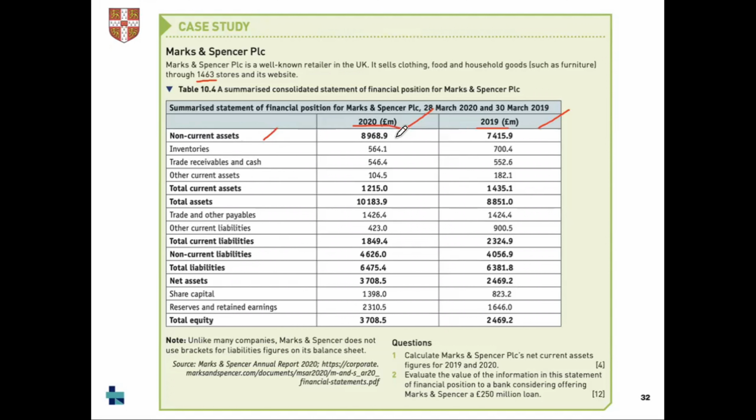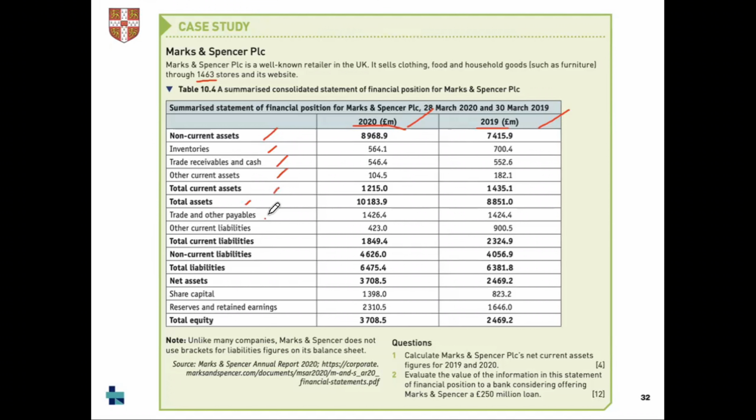So we have the values here for 2020 and 2019, and then we have the current assets, which is inventory, receivables, and then other current assets. And when you add the non-current to the current assets, you have our total assets, which is here. So we have a total current asset here, and then the total asset, which is here. And then we have our trade payables. These are our current liabilities.